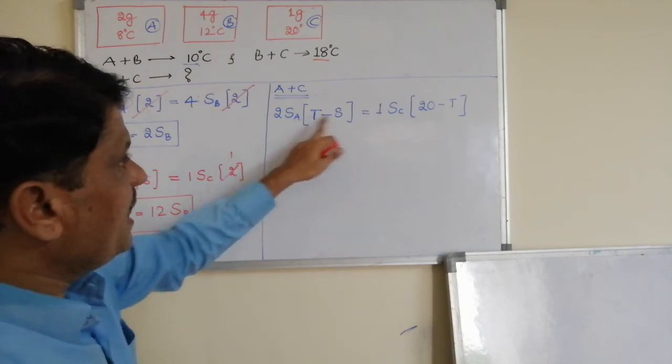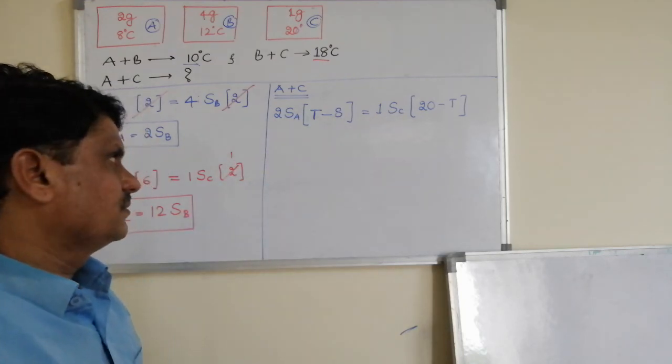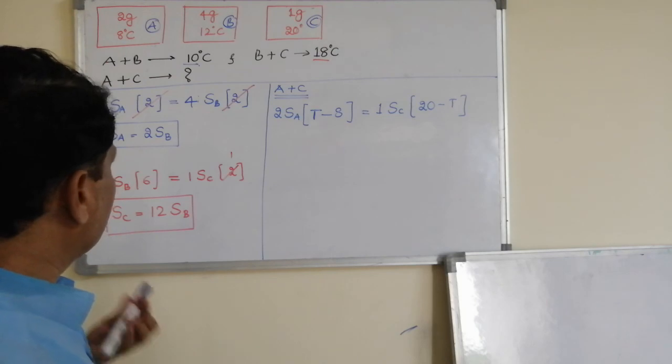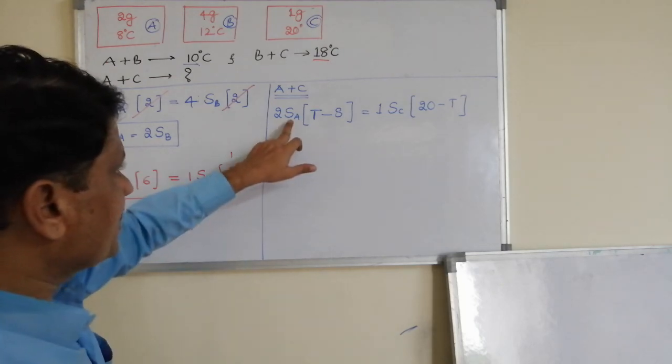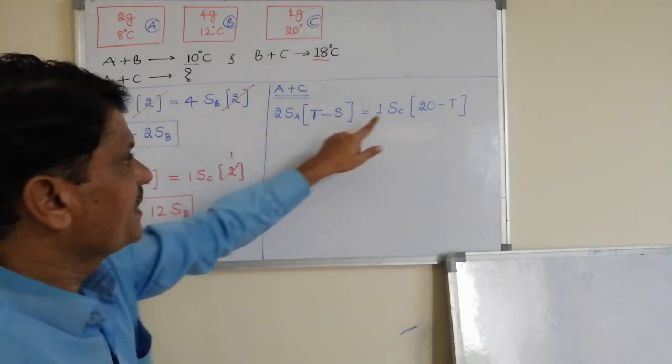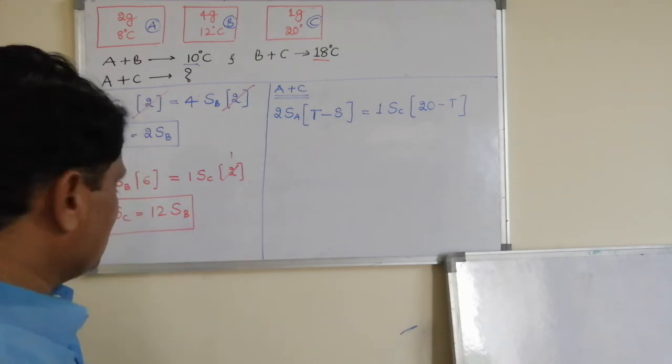Here SA and SC are both different and unknown also. That's why first I will write SA in terms of SB and SC in terms of SB.